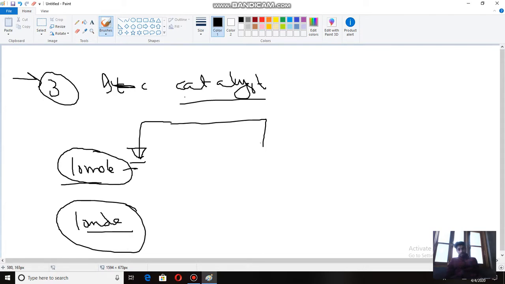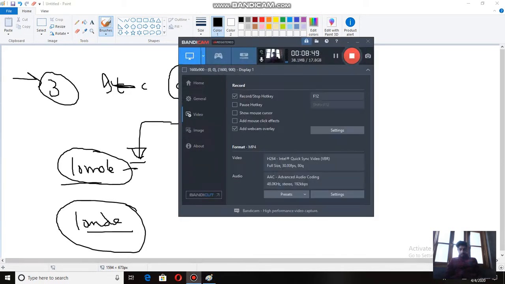That means this catalyst does not take part in the reaction. It will just enhance the rate of reaction only. I hope it's clear. Its physical properties may change. Maybe its state will change. Its shape will change. But overall, the properties of catalyst will remain the same. I hope it's clear.